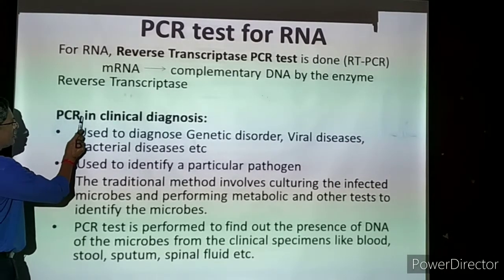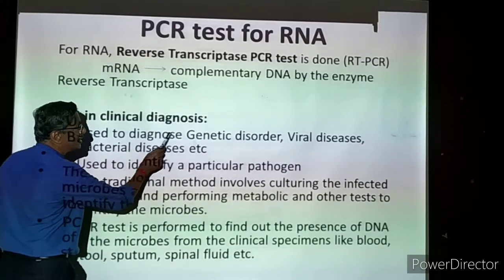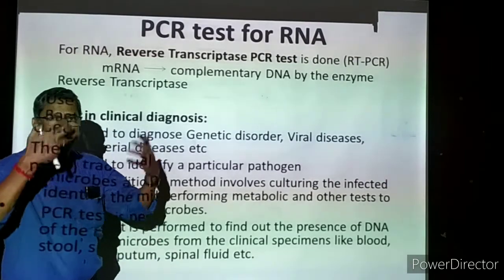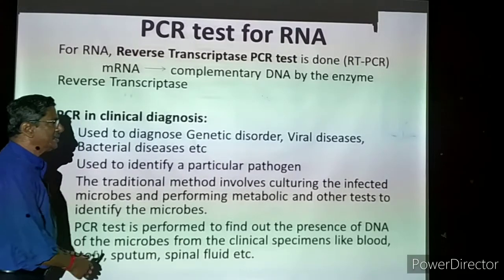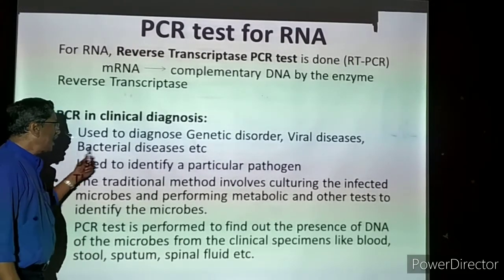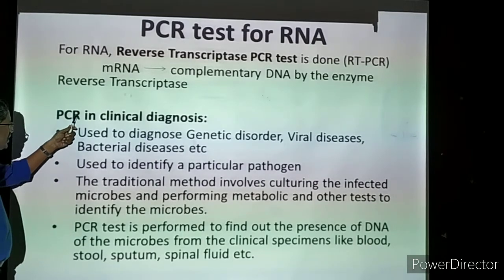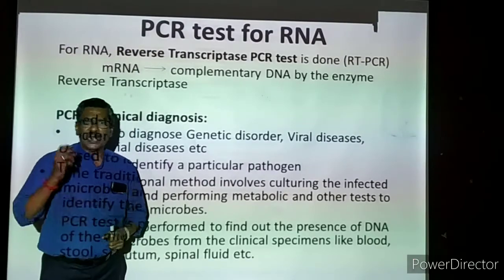So PCR in clinical diagnosis is used to diagnose genetic disorders, whether the person has any genetic hereditary problem. Viral diseases, whether a viral infection is there, bacterial diseases, etc. All these things can be identified. PCR is used to identify a particular pathogen, what type of pathogen is present.